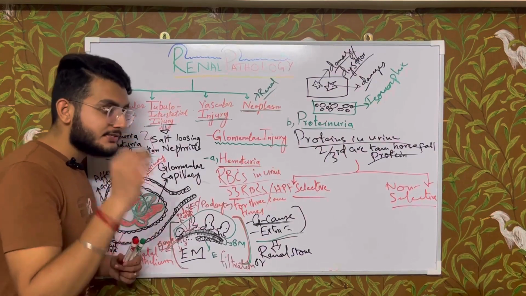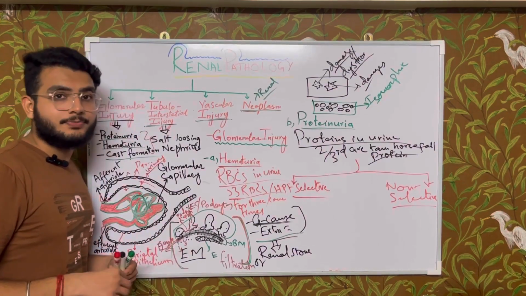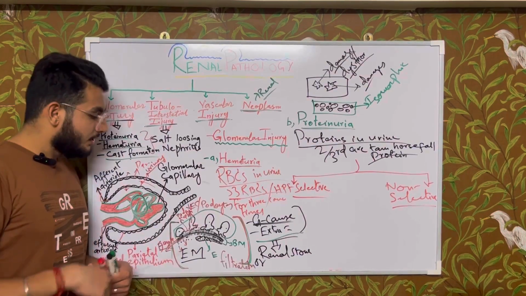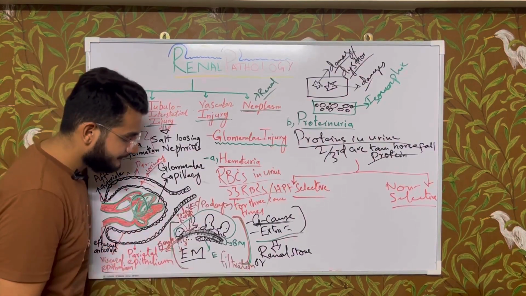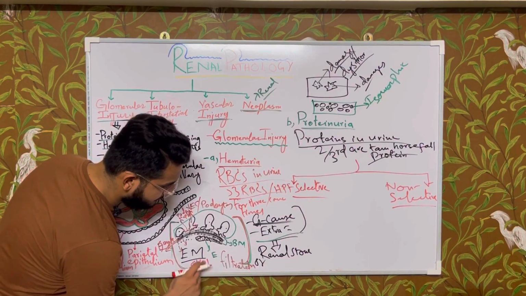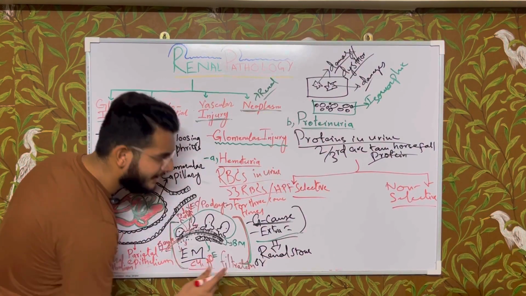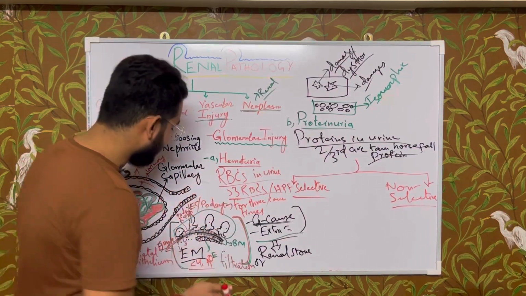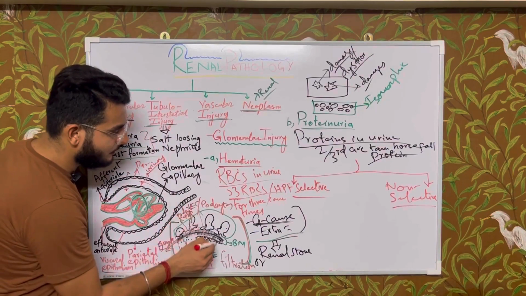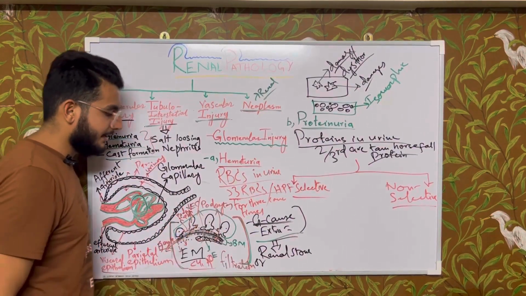One is the size of molecules, another is the charge of the molecule. Those molecules which are lesser than 4 angstrom in size are easily filtered through this filtration membrane.